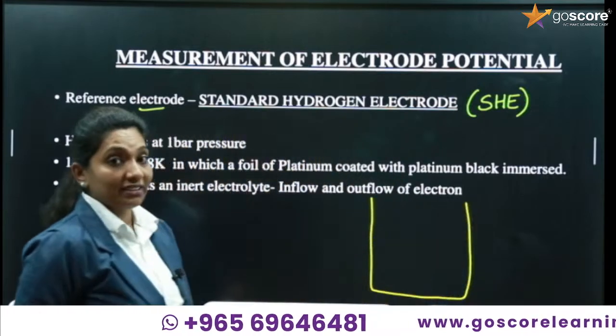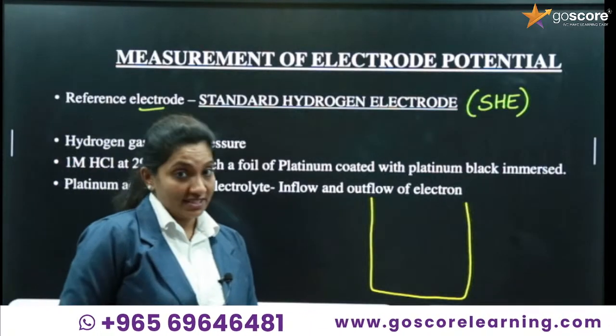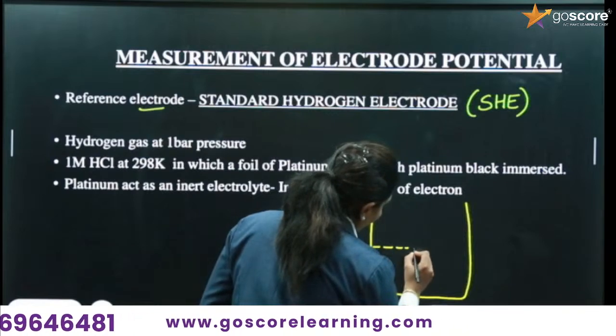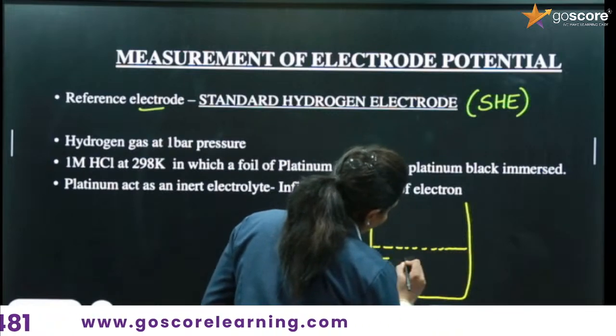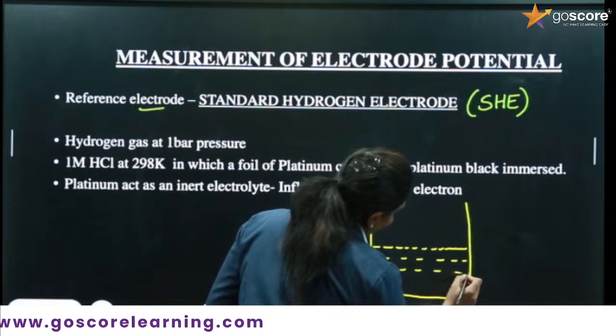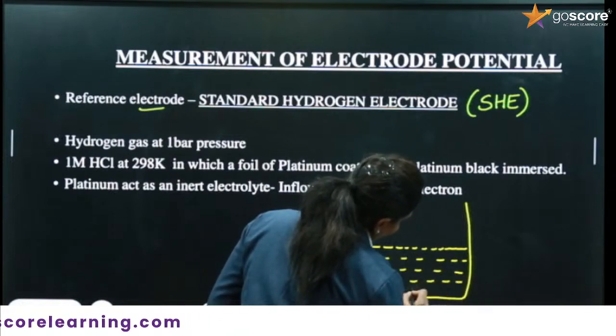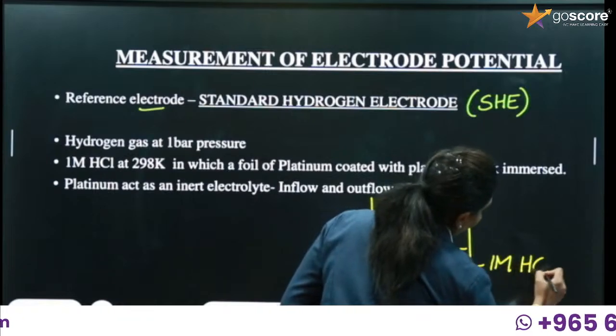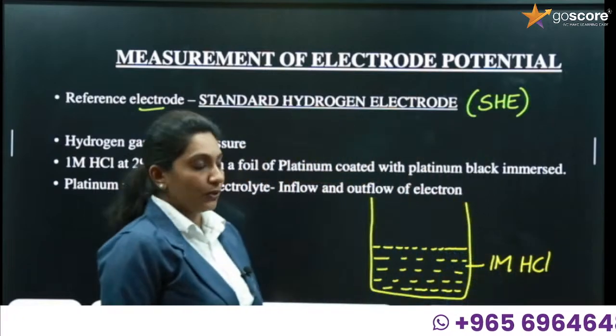Here we will take the 1 molar HCl solution. In a standard hydrogen electrode, we take this 1 molar HCl solution.